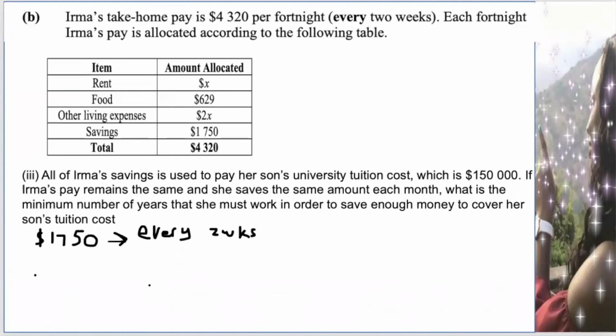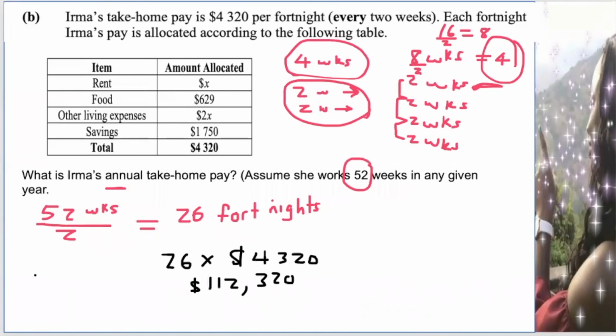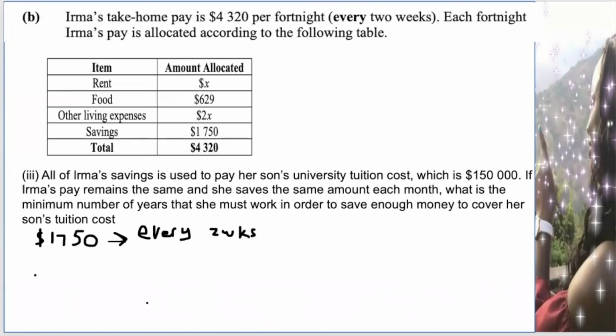Now remember, I've established from the previous question that we have 26 fortnights in a year. That's how many times this person will get paid. So that means to find out how much money is saved, I would say 1,750 times 26, and that will tell me that she will save $45,500.